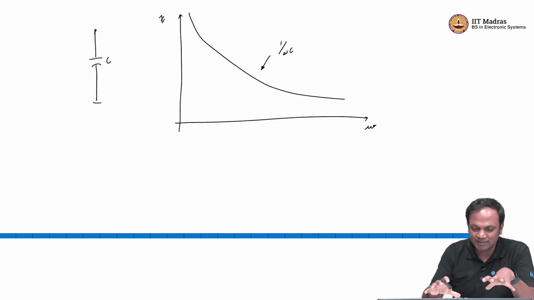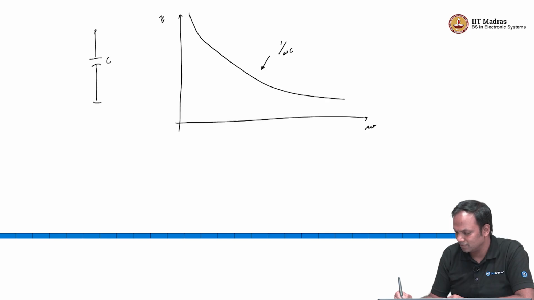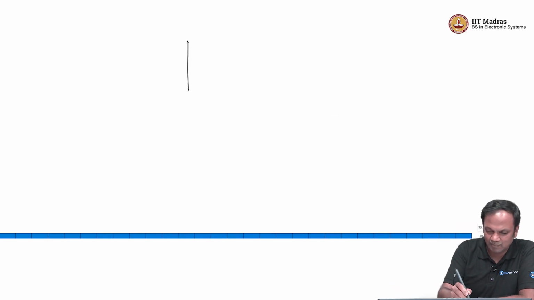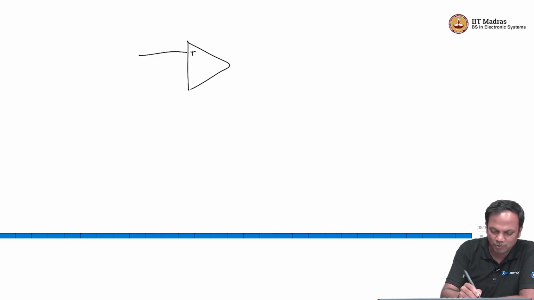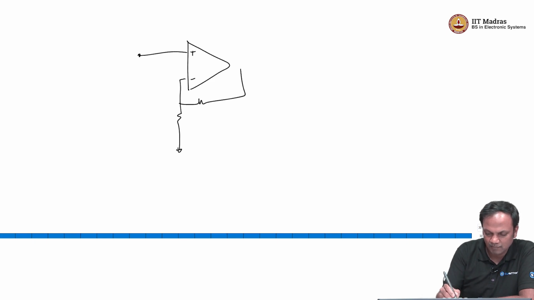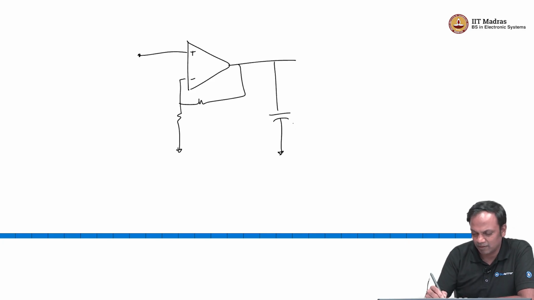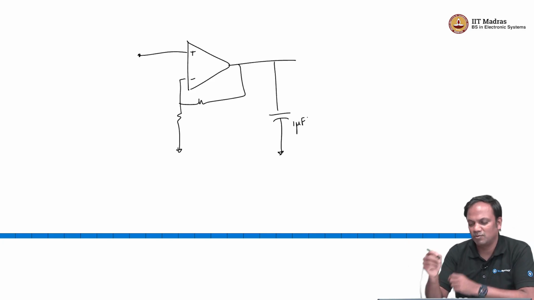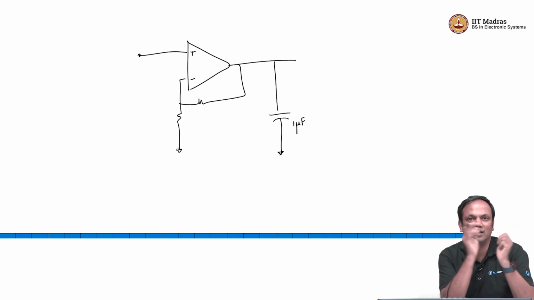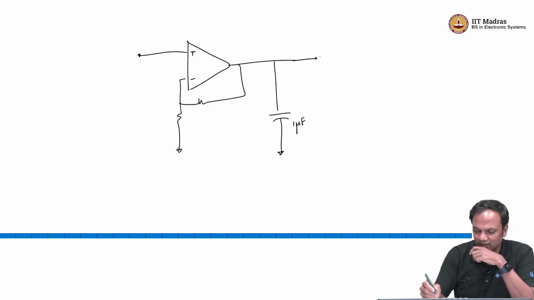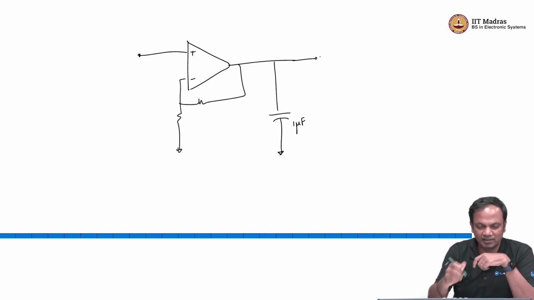So, while we look at this and say, this is my problem, I am going to put a large, say 1 microfarad capacitor, and I am done, right. Now, this is my circuit diagram.